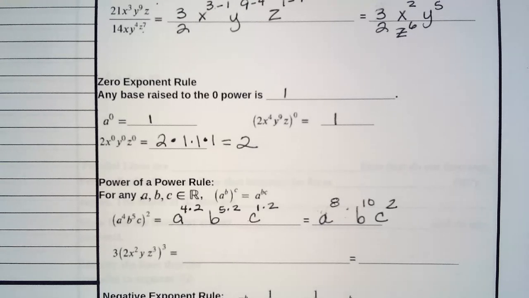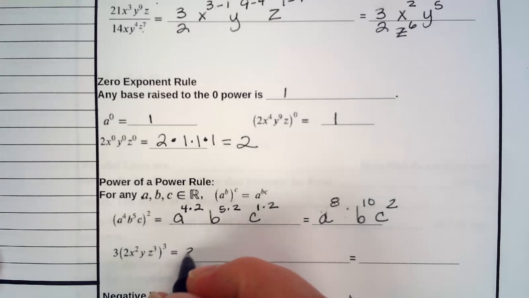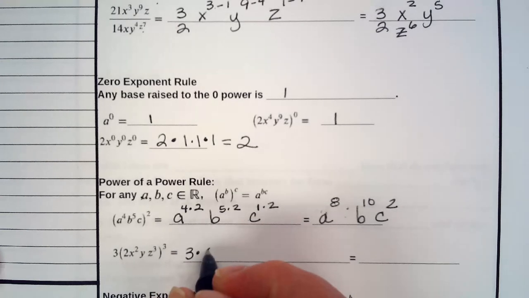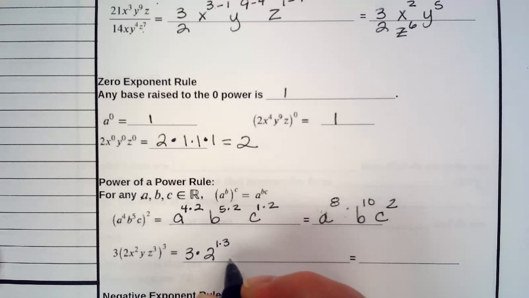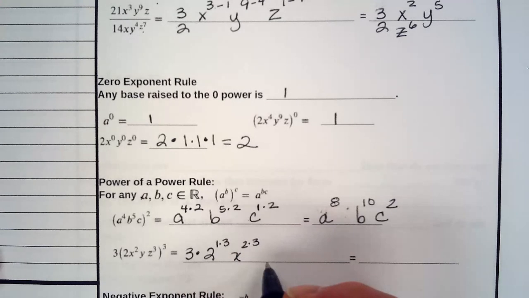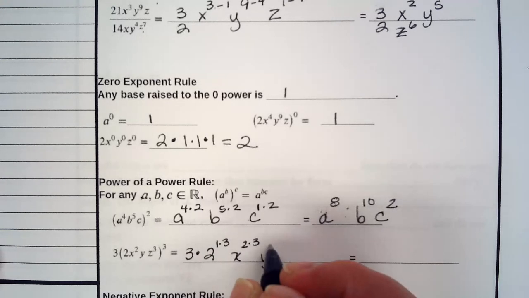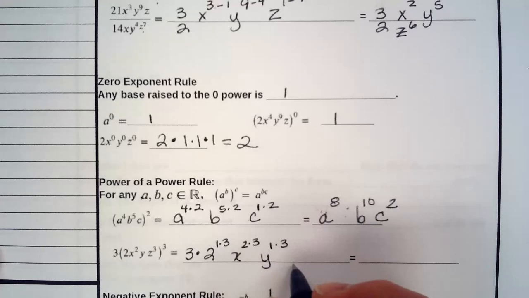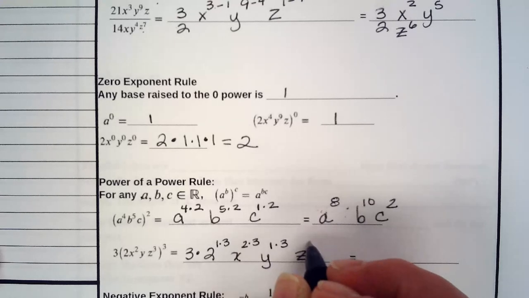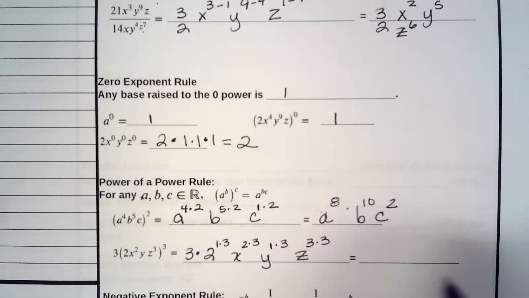On the next one, you notice that the 3 is outside of the parentheses, so it's not getting affected by that exponent of 3. This will be 2 to the 1 times 3 power, x to the 2 times 3 power, y, if it's not there, it's understood to be 1, 1 times 3 power, and z to the 3 times 3 power.